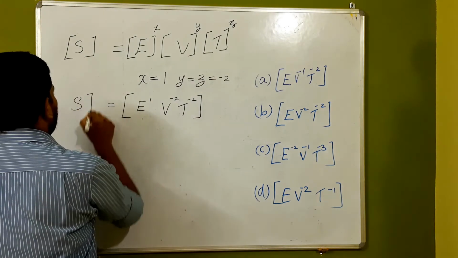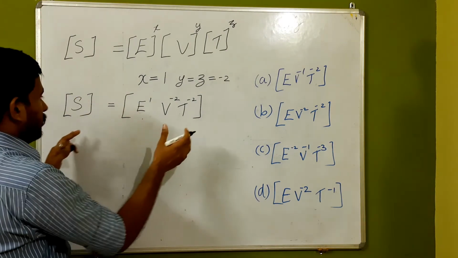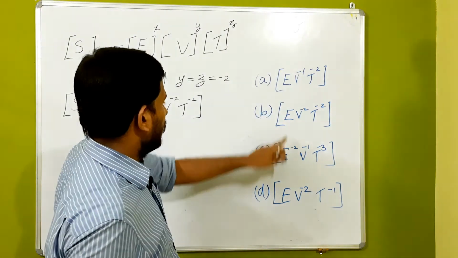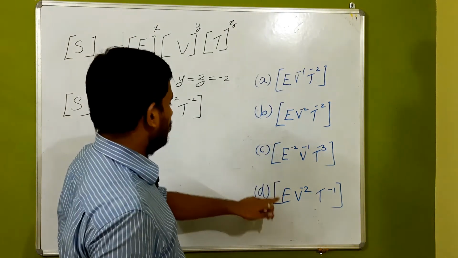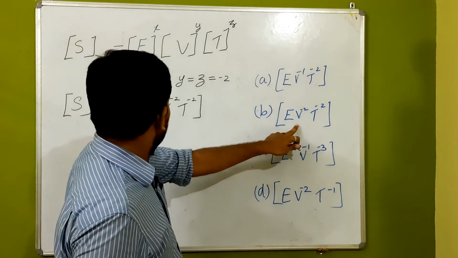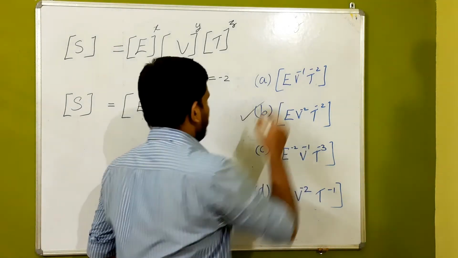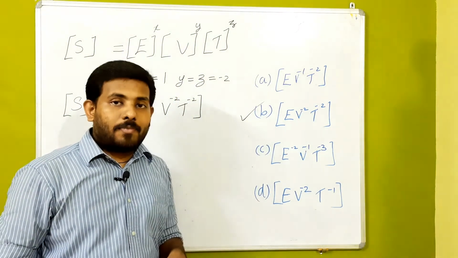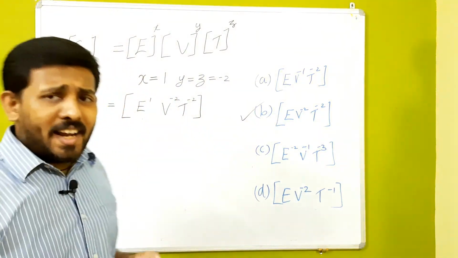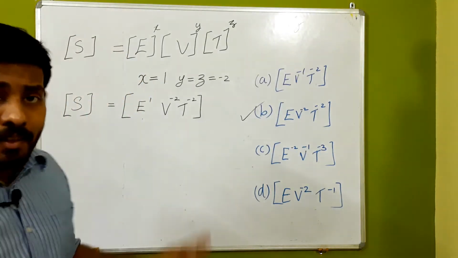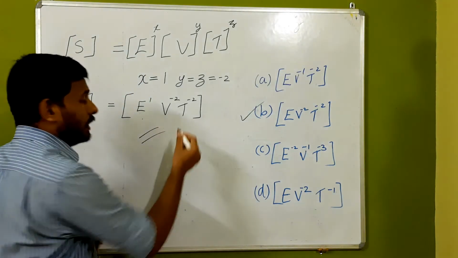So this is the surface tension. So we have E raised to 1, V raised to minus 2 and T raised to minus 2. So option B will be the answer. Okay. So this was easy and it was similar to the first one. So please take it down and we will do the next question.